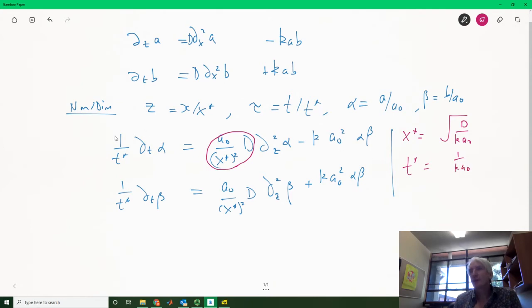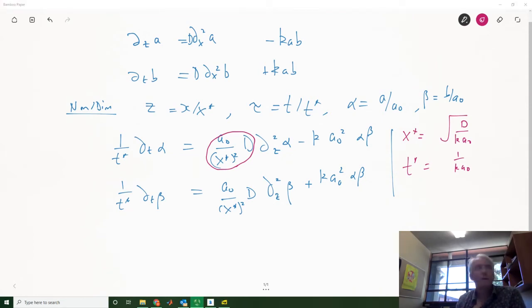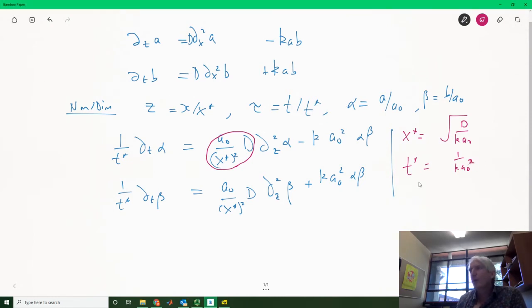Okay, so we divide by k a naught squared here. Okay, that should be a naught squared here. All right, brilliant. So that just basically gets rid of that, and gets rid of that. Makes our equations a whole lot simpler. So there's our equations.